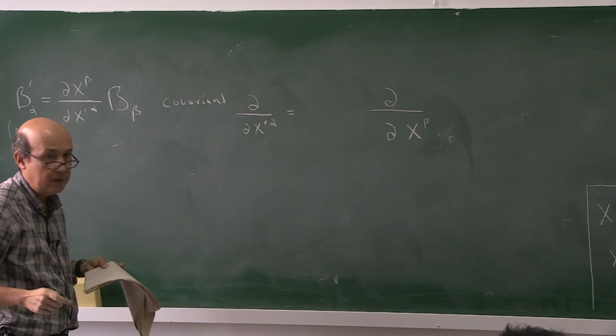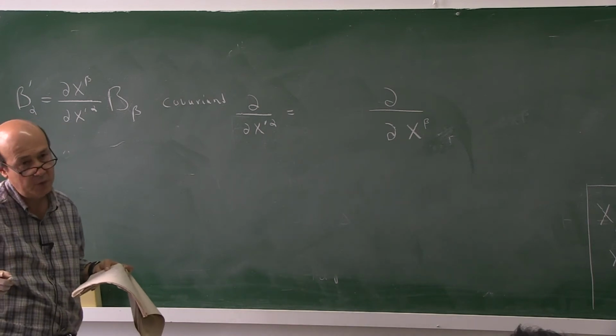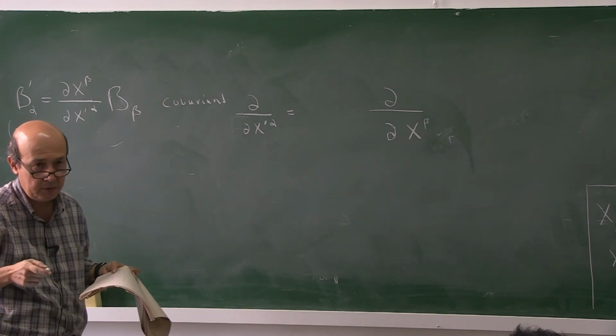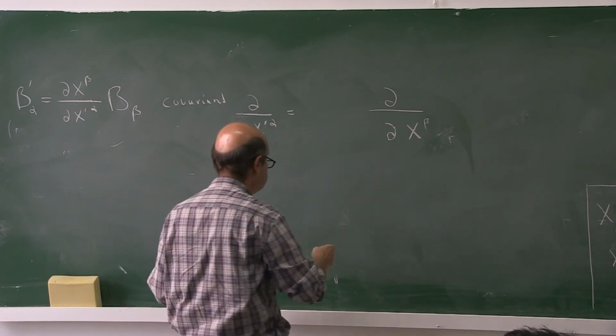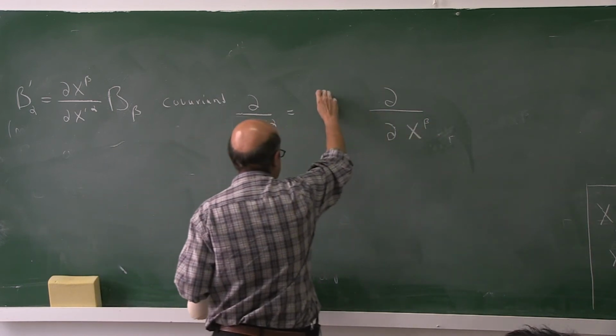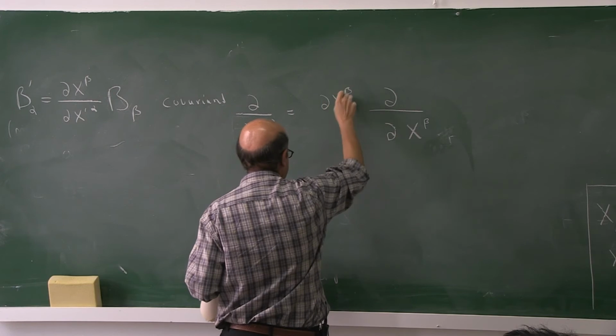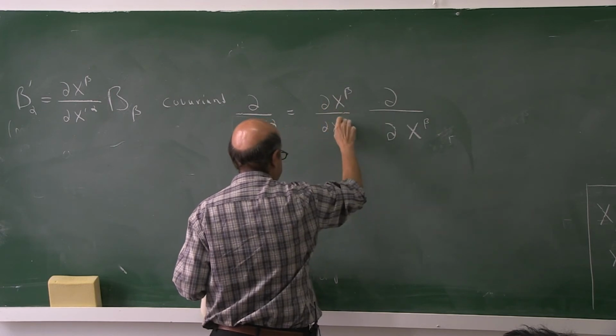How can you do it? You have one option, similar to the chain rule. So what is that option? Sum over beta, left with free alpha.